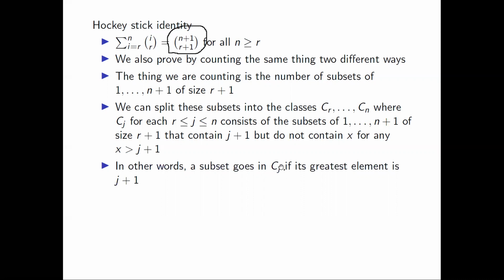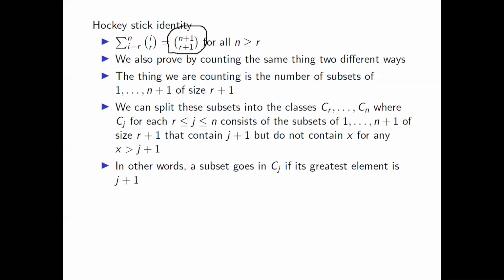We can also see that all of the subsets of 1, 2 up to n plus 1 of size r plus 1 have to fall into one of these classes. Their greatest element must be at least r plus 1.